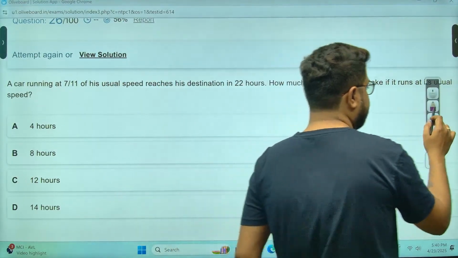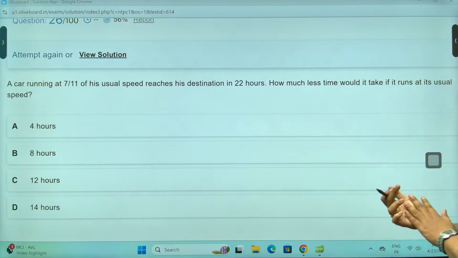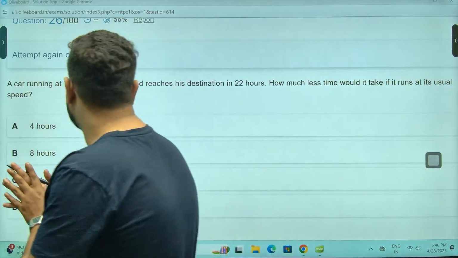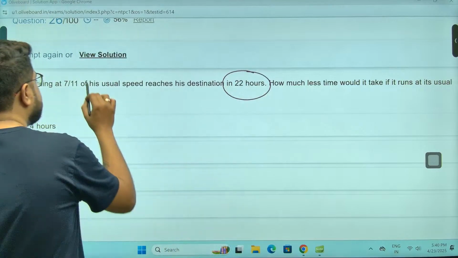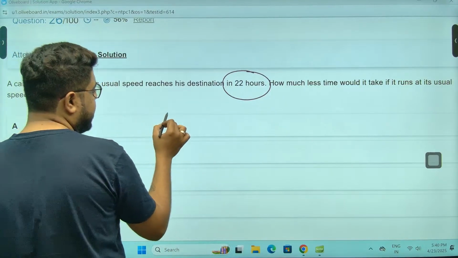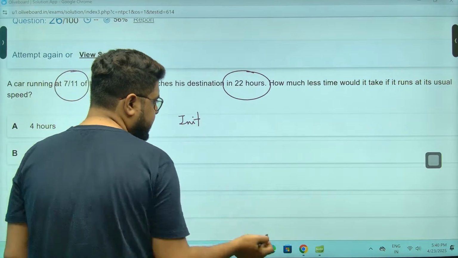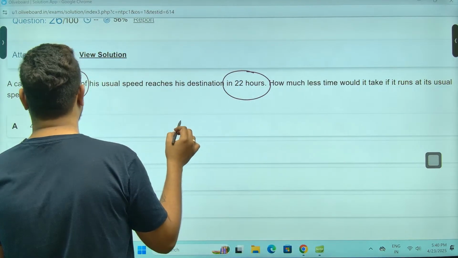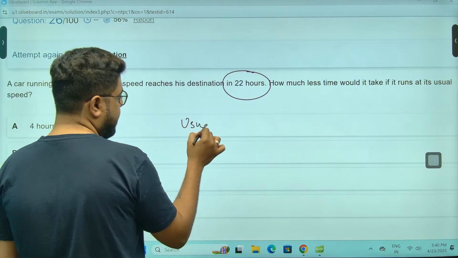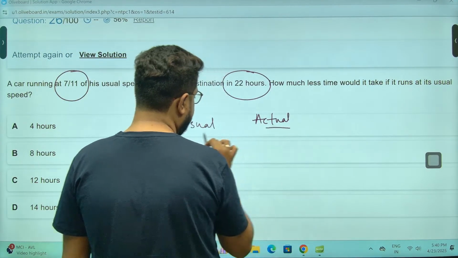Sir, very, very, very simple question. A car running at 7 by 11 of its usual speed reaches its destination in this many hours. Sir, this is speed, so speed ratio, usual and actual.